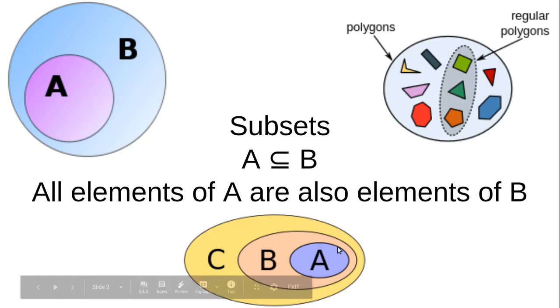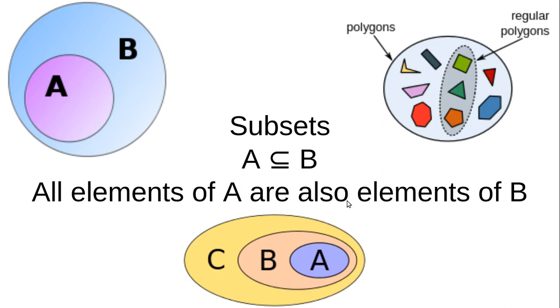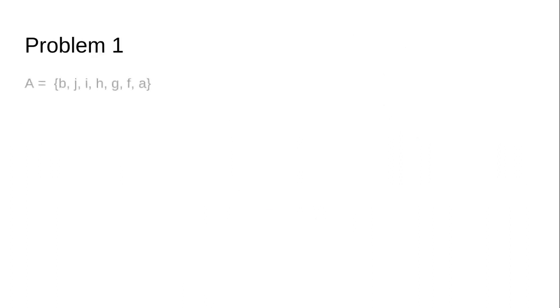And down here we can see that this transfers as a transitive. So if A is a subset of B and B is a subset of C, then we know that A is a subset of C. Just like if we know that 3 is less than 4 and 4 is less than 5, then 3 is less than 5.